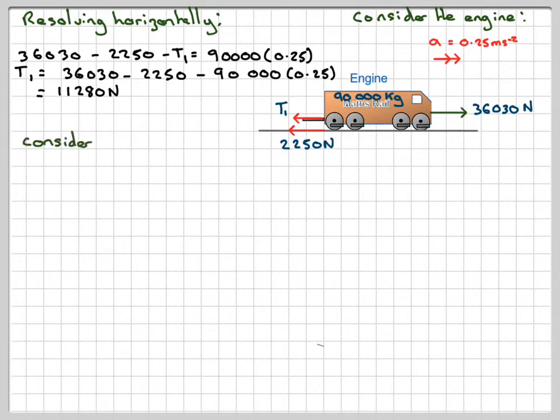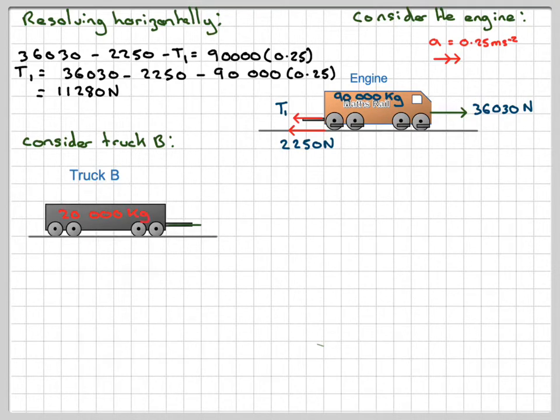We'll now consider truck B. The reason for doing truck B is that it only has one tension in it, T2. We already have T1. So we've got T2, a resistance to motion of 640 newtons and the same acceleration, 0.25 meters per second squared, but its mass is 20,000 kilograms.